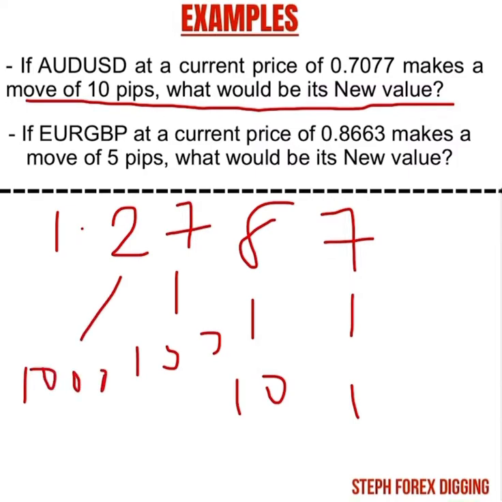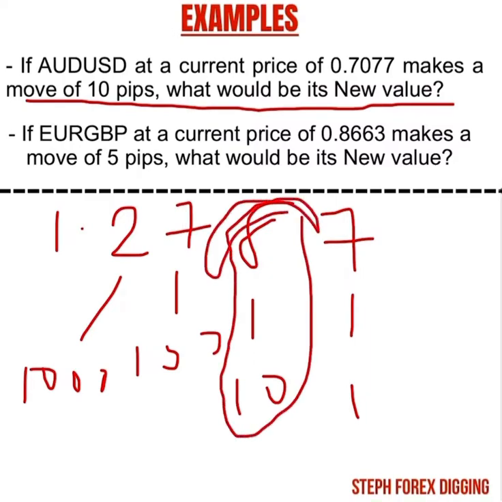So what you can see is that any number that is in tens will make an effect on the second to last digit after the decimal place.